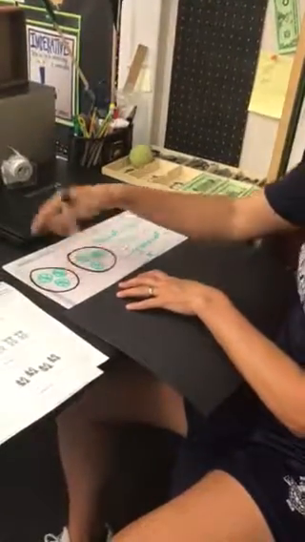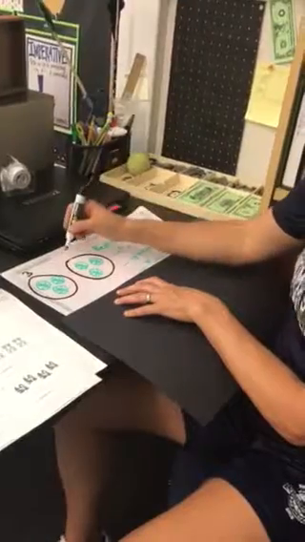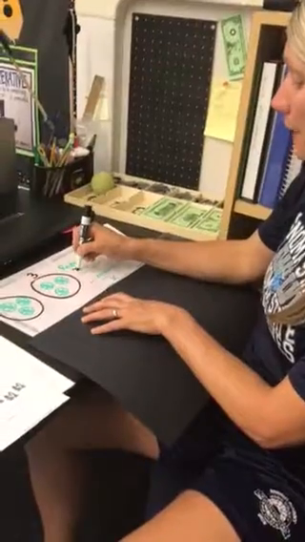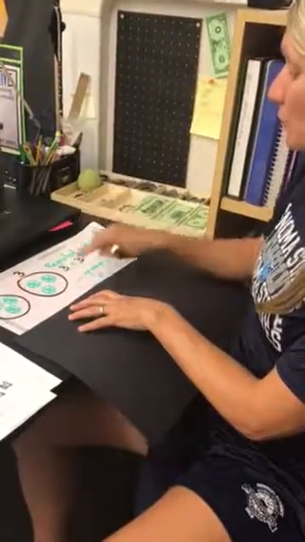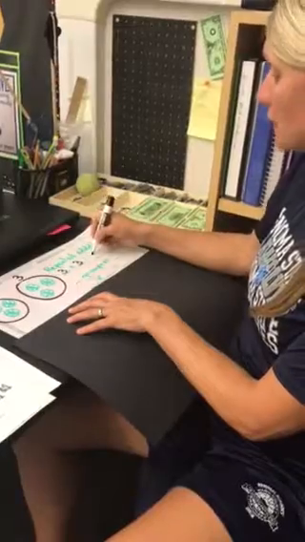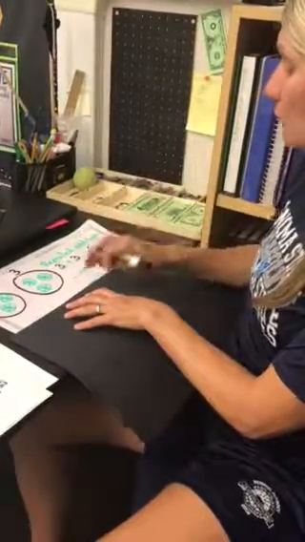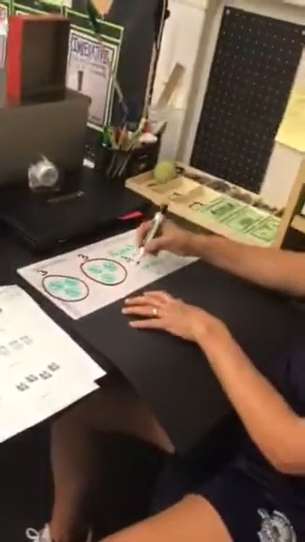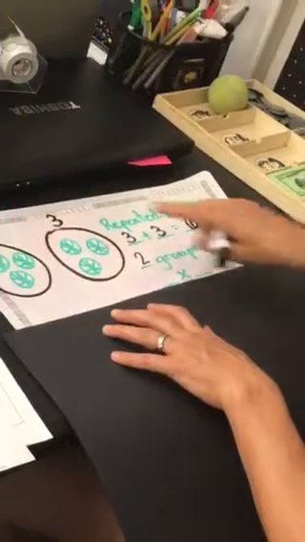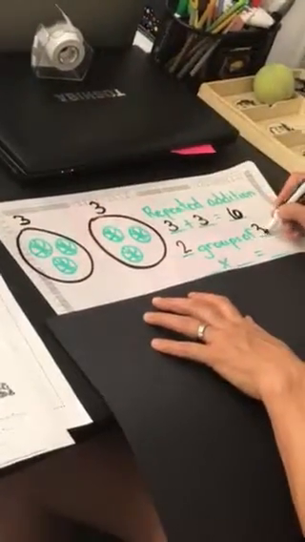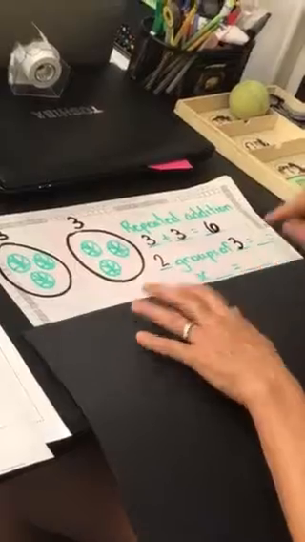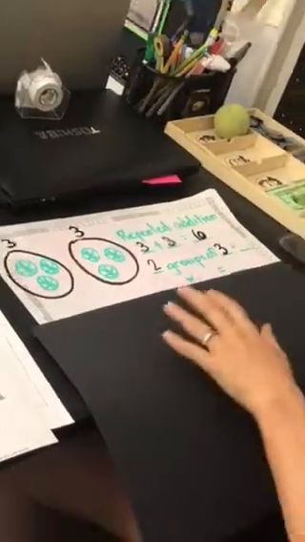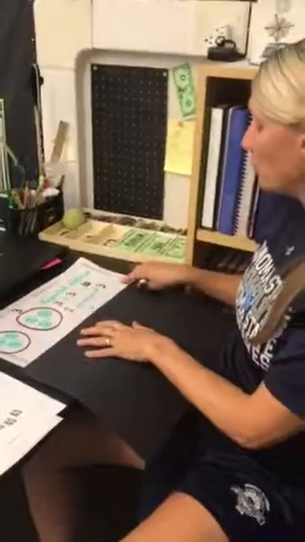So now I have to write the repeated addition problem. I have 3 basketballs here, and I have 3 basketballs here. So I'm going to use those to create my repeated addition equation. 3 plus 3 equals 6. Now I'm going to do my groups of sentence. I have 2 groups of 3 basketballs. And now I'm going to use my multiplication skip counting to figure out what that is.